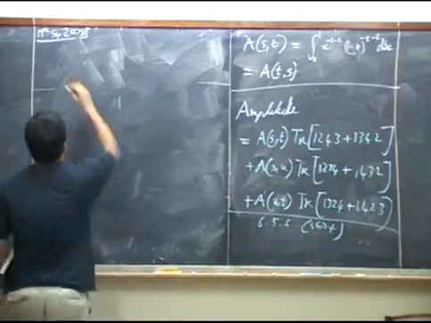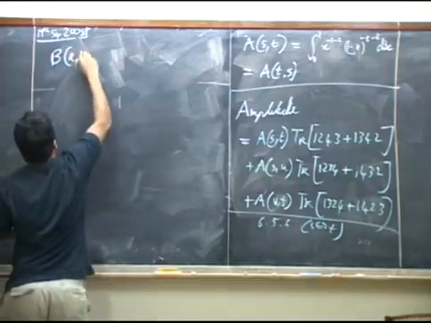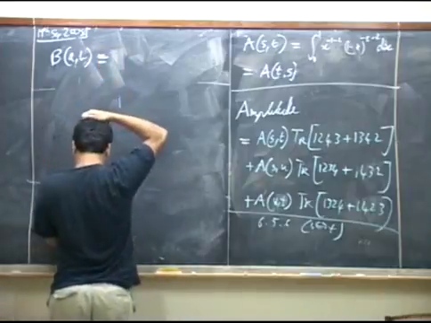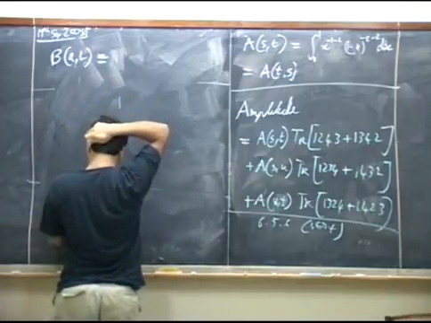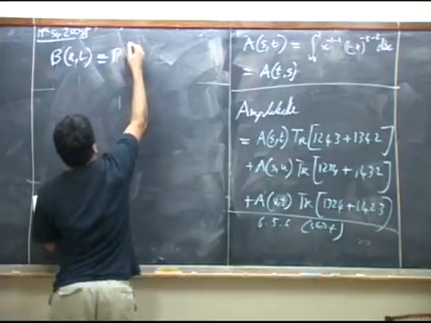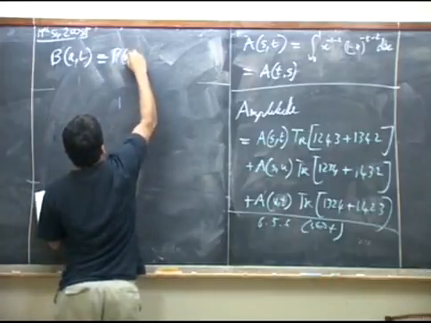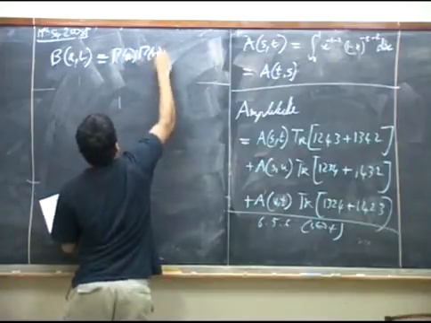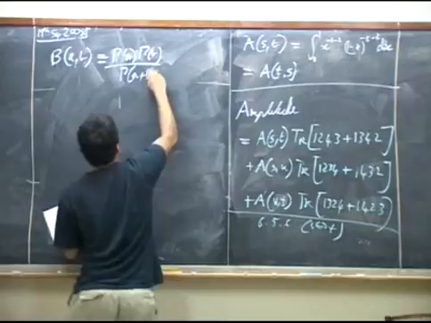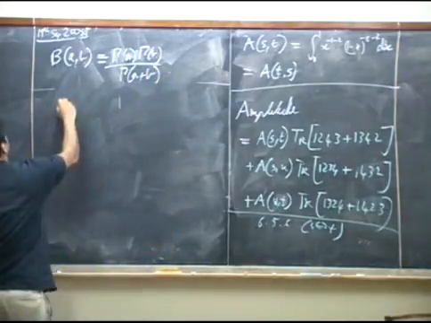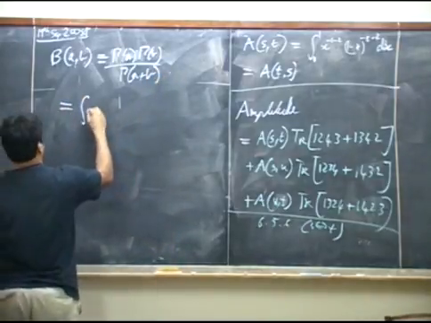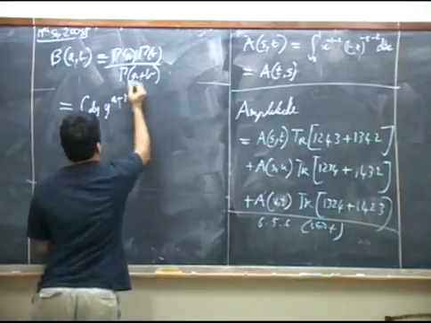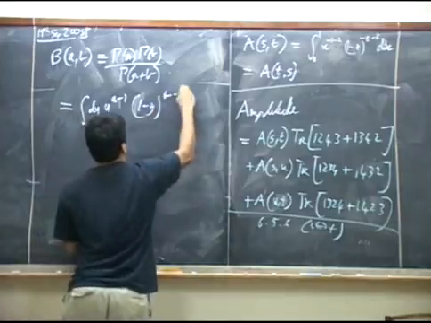Once we use this classic formula for beta, the beta of A, B, which is by definition equal to gamma of A plus B, gamma of A and gamma of B divided by gamma of A plus B. Okay, is given by the integral formula dy y to the power a minus 1, 1 minus y to the power b minus 1.